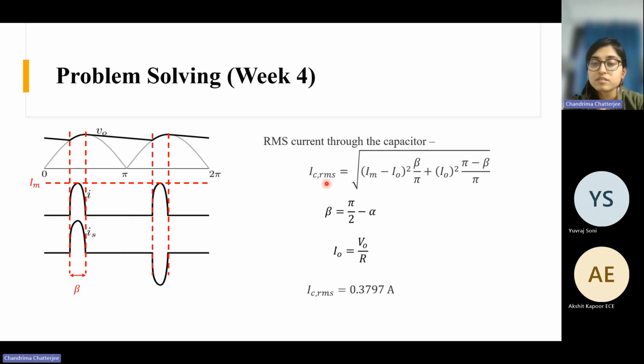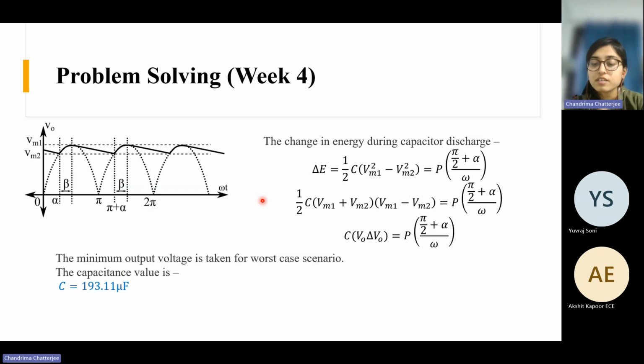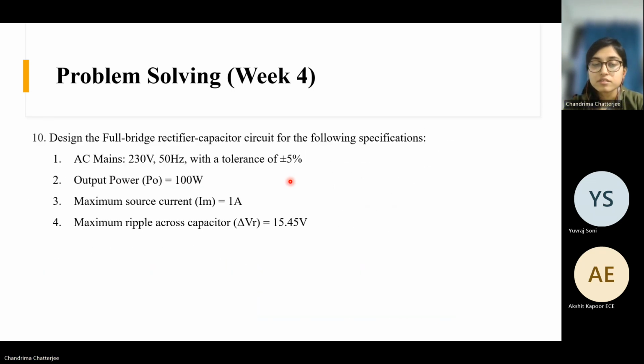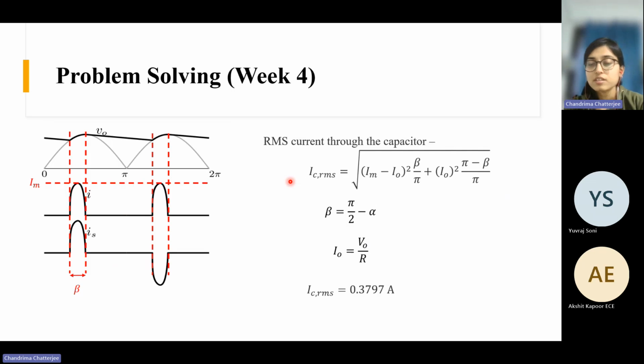Basically some AC current flows through the capacitor, and we need to know the RMS of that current so that we can choose the capacitor. The capacitor should be able to withstand that current. That's why we will also calculate the RMS current.